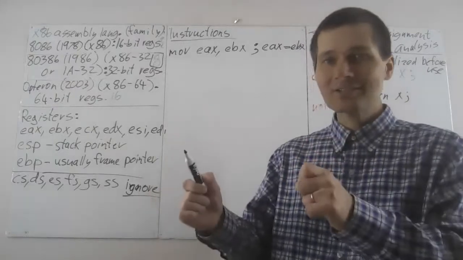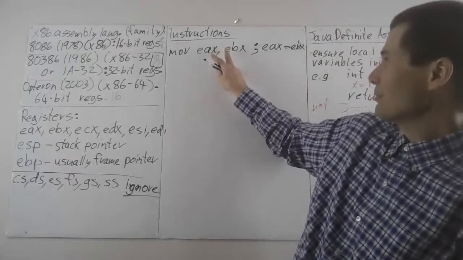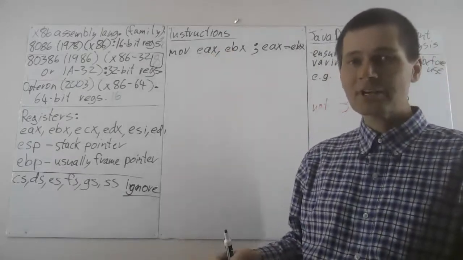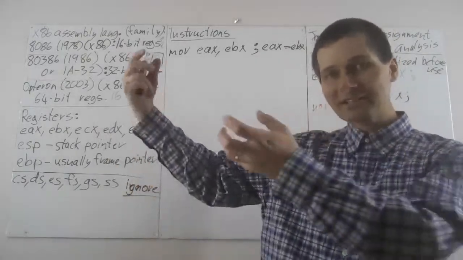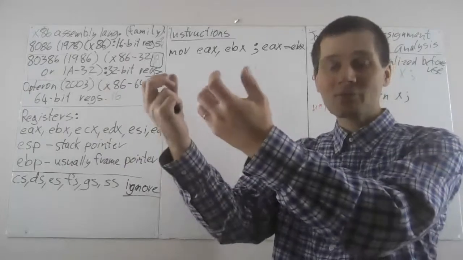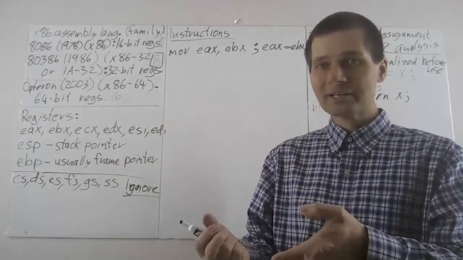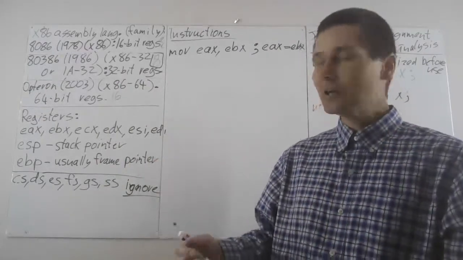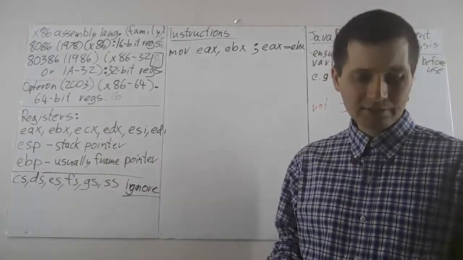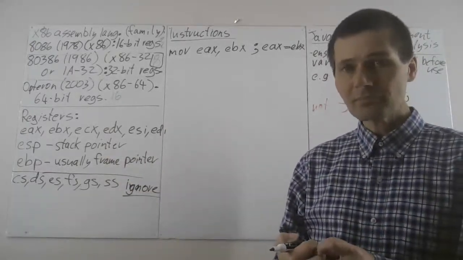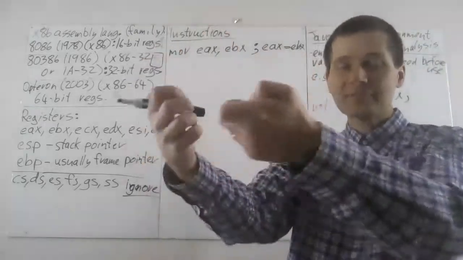There's an AT&T syntax, or Unix syntax, which flips the order of all the operands, and it's more general in that there are assemblers for other kinds of processors that follow a similar syntax. But the Intel syntax is more customized to x86, so it's easier to read and to write if you're specifically focused on x86 code.